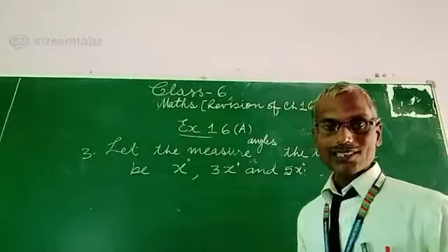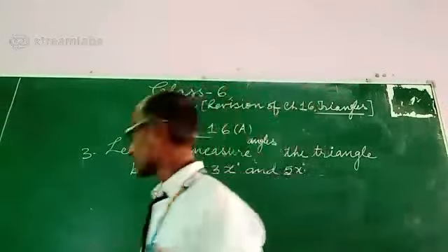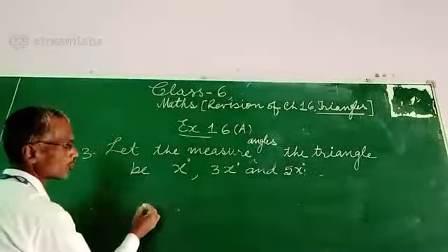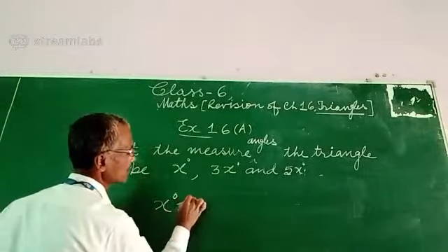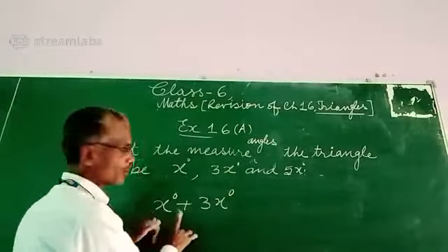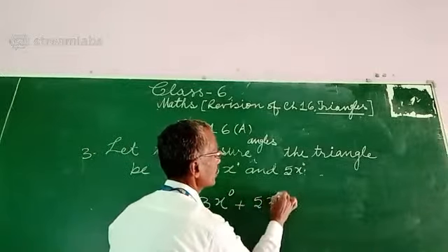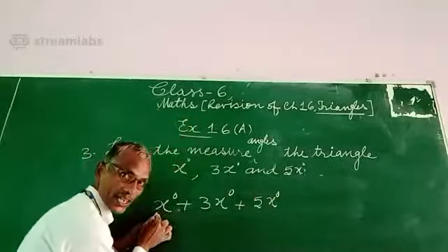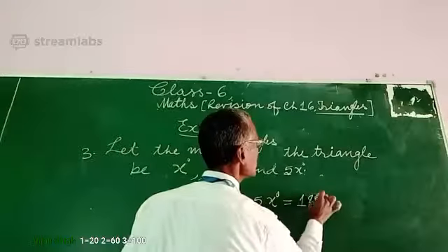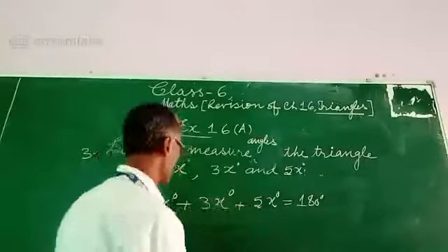Since we know that the sum of the angles of a triangle is 180 degrees, according to the property, x degrees plus 3x degrees plus 5x degrees, that means it is 9x.